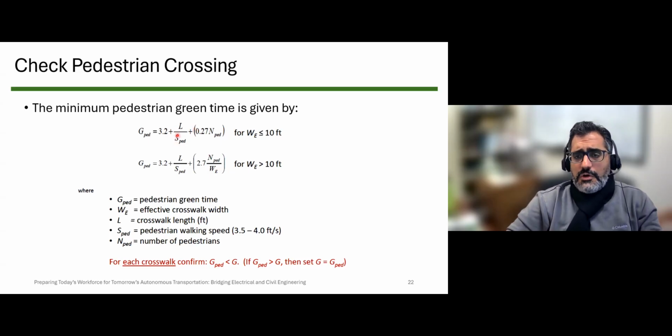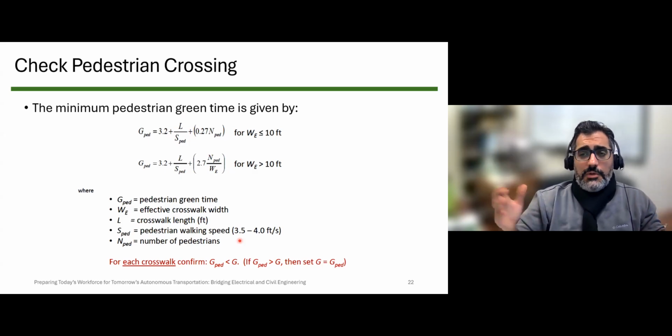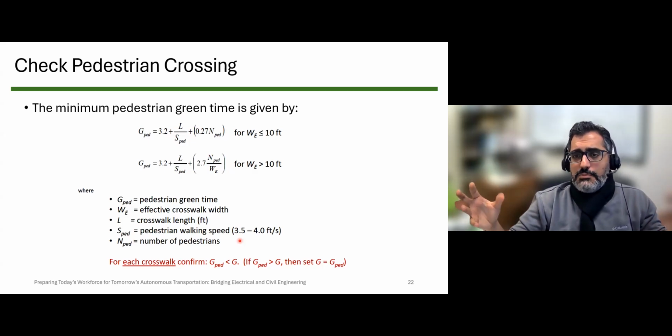For the speed, there are different suggestions, but the most frequently used is 3.5 or 4 feet per second. But if it is a specific intersection, my suggestion would be to conduct a speed study to make sure that, for example, it's an intersection in a place that is mostly resided by elderly.